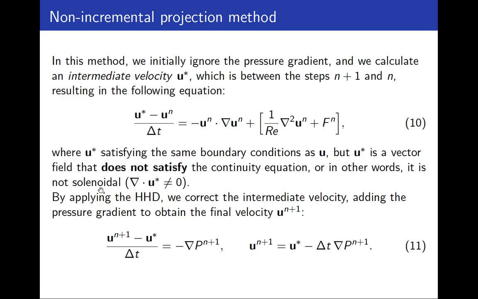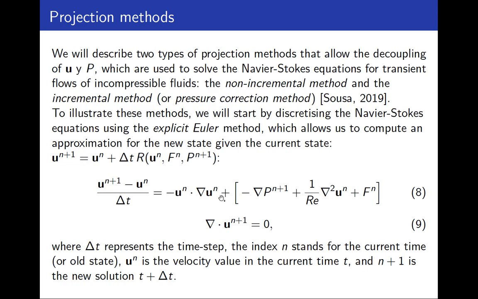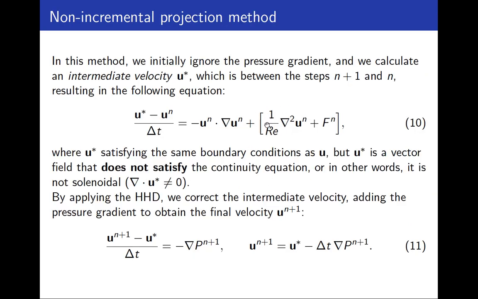Now we will apply the Helmholtz-Hodge decomposition, and we will correct the intermediate velocity by adding the pressure gradient to obtain the final velocity. So we have equation 11. This equation 11 can be obtained by taking the difference between equation 8 and equation 10.